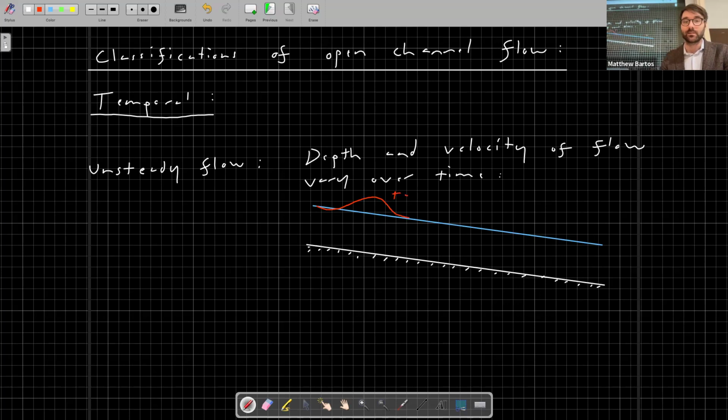So at t equals 0, we'll have a flood wave located at the upstream end of the channel. As time progresses, that flood wave moves downstream, make it a little steeper. So this is t equals 1. And then as time progresses further, that flood wave will progress even further downstream and get steeper.